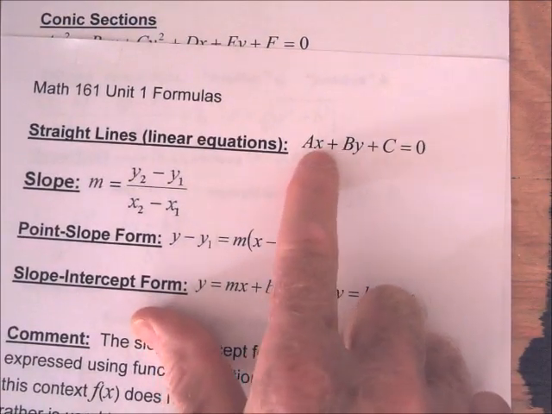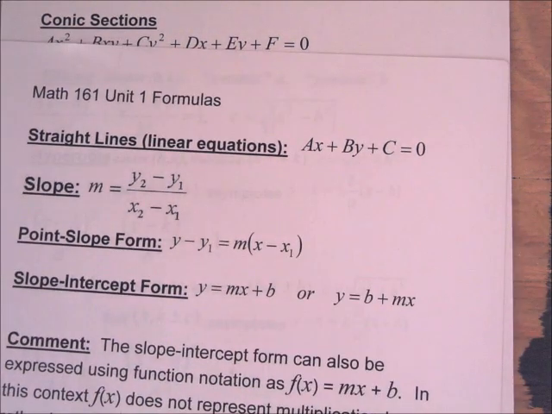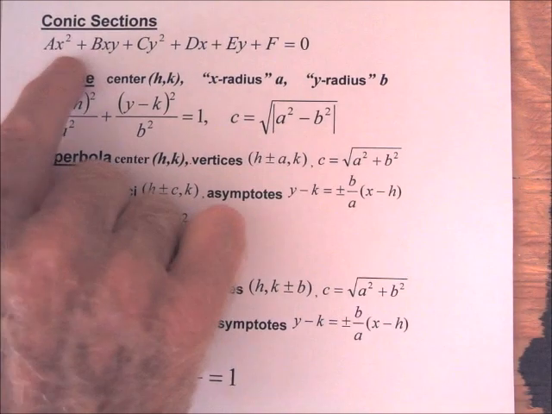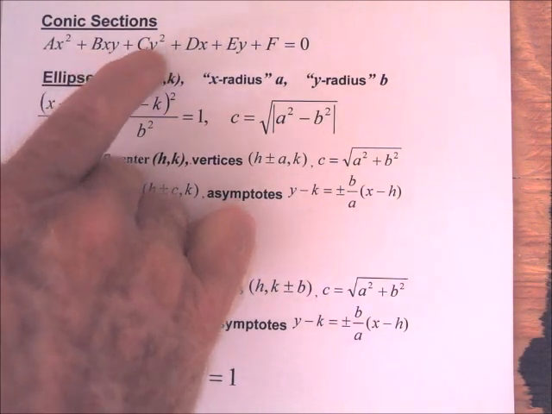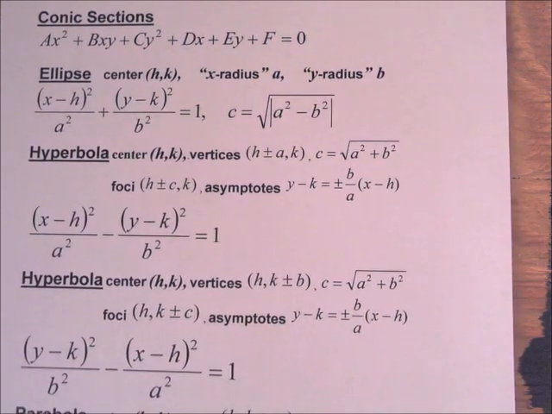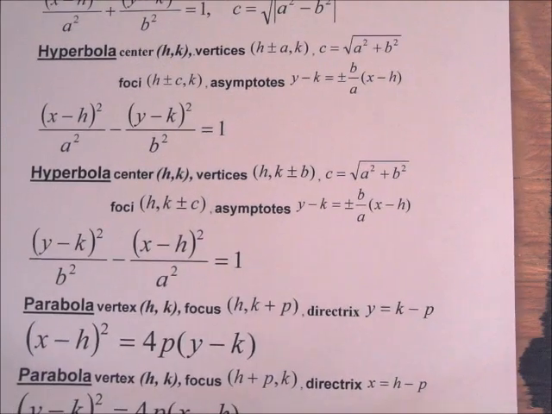Highest power of x and highest power of y are 1, but here the highest power of x and the highest power of y are 2. So these are degree 2 equations, and we have some formulas for those also. I'll get into more detail. I think it's a little more clear if I do it in the context of a specific example.